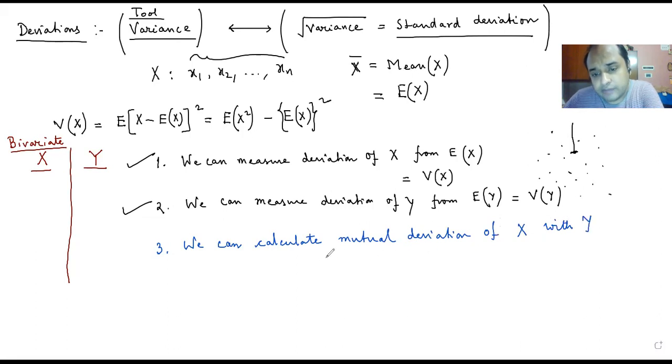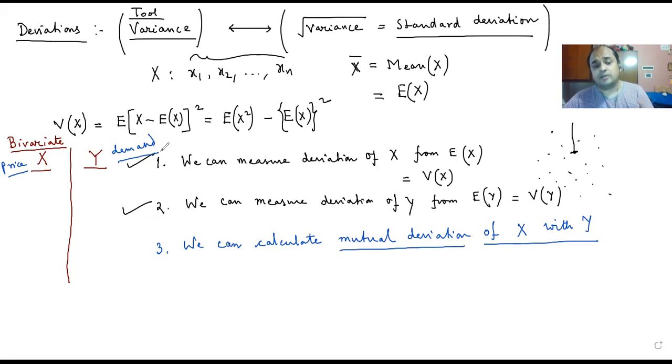So by mutual deviation, I actually mean how one of the variables varies if the other variable changes. Say for example, we know that if x is the price and y is the demand, then if price changes, demand also changes. Say for example, x is height and y is weight, and if the person is not a glutton, then if height increases, weight also increases.